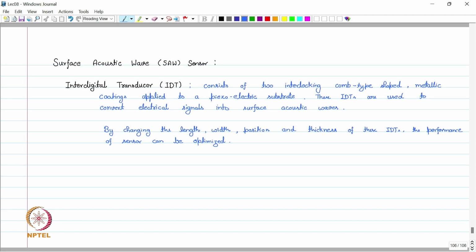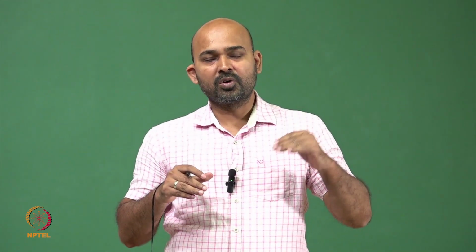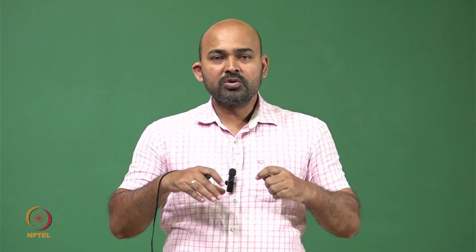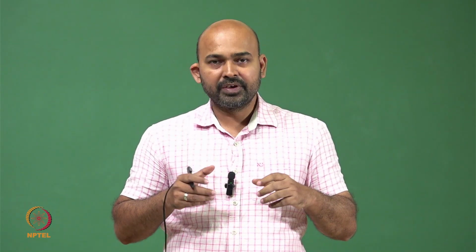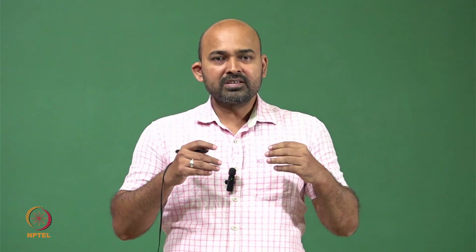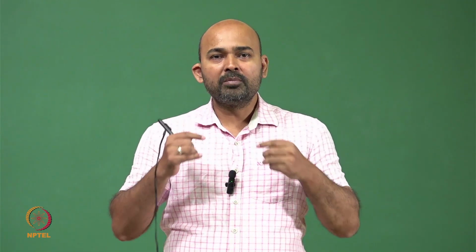So in SAW sensors, we need to generate an acoustic wave on the surface of the material. So how to generate this surface wave? We put an IDT structure, which is an interdigital transducer. This IDT structure is nothing but a comb like structure.